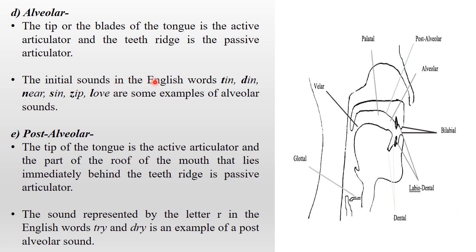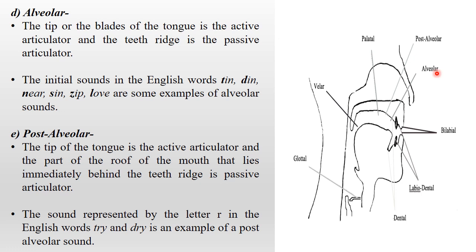The initial sounds in the English words tin, din, near, sin, zip, love are examples of alveolar sounds. For example, when you say t, d, n, s, z, l, the tip of the tongue is touching this alveolar ridge or teeth ridge and hence the sound is known as alveolar.